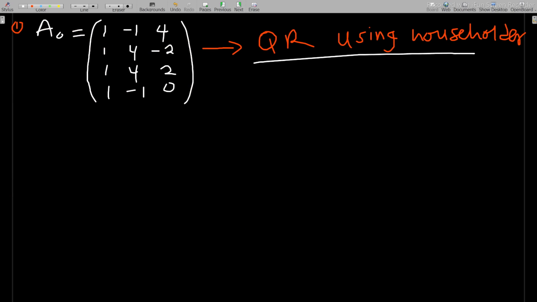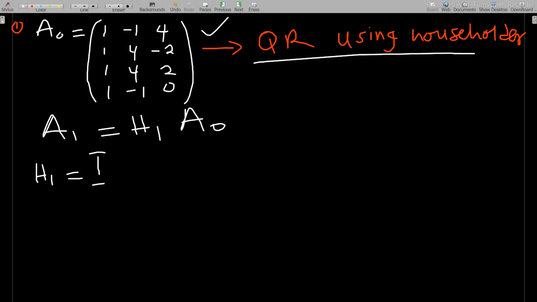First of all, for every A_K, A1 is equal to H1 times A_K minus 1, so A naught. We know our A naught to be the matrix given, so all we have to find is our H1. But H1 is also given as I.